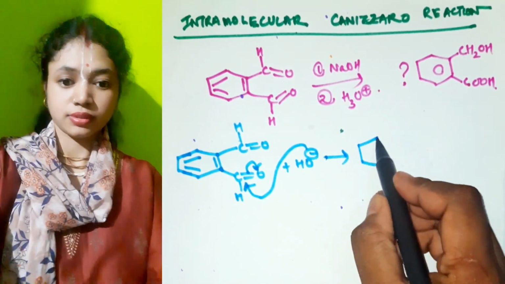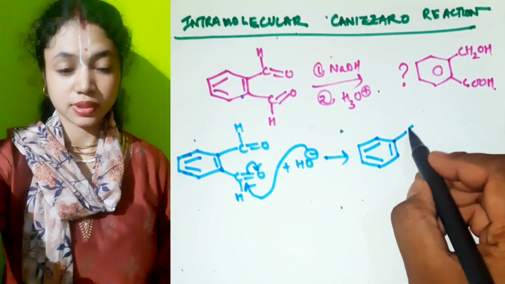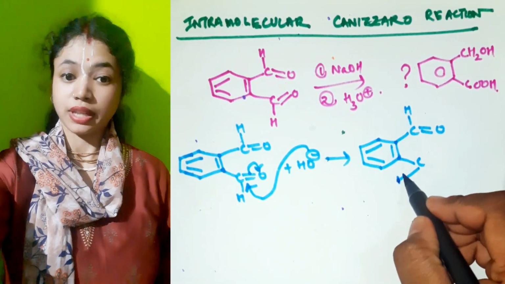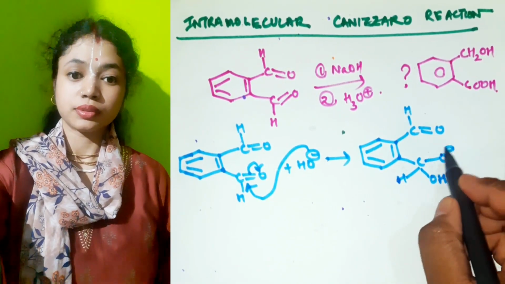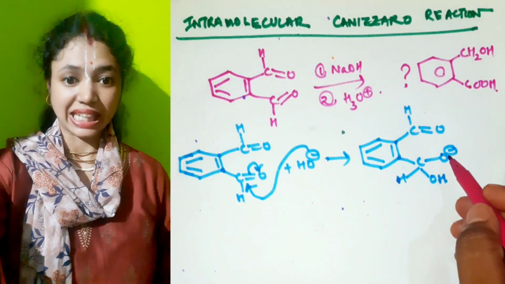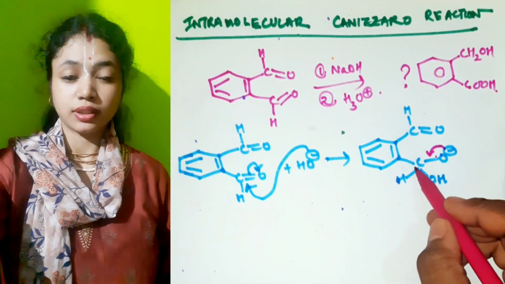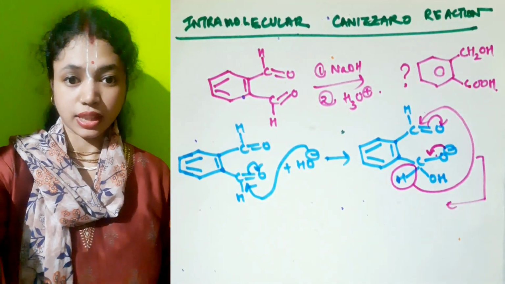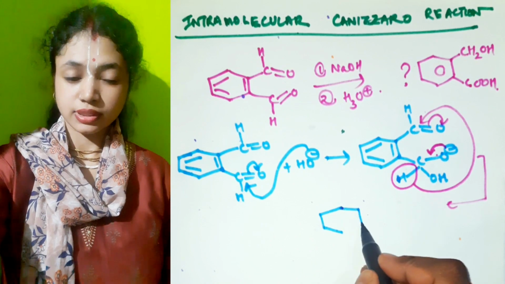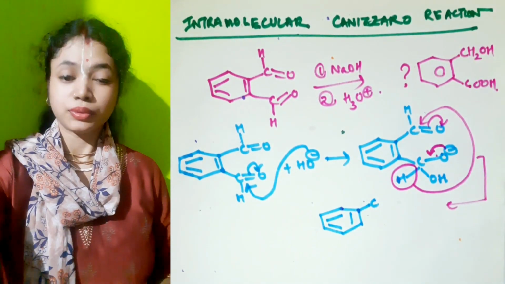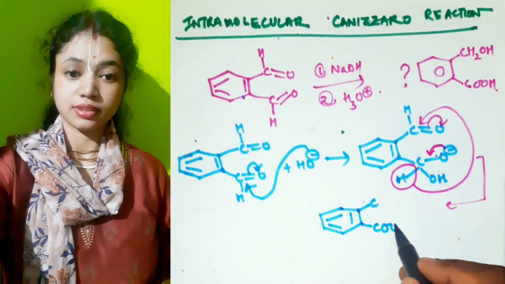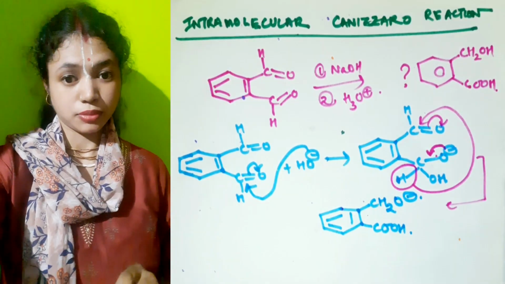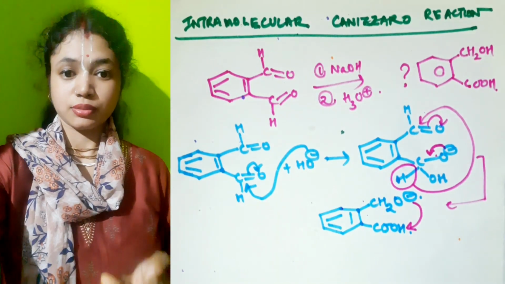See here, one carbon is attacked, and you write the molecule the same way. Now HO minus is added and O minus is present. Then a hydride shift will take place, and it will shift internally within the same molecule to the other aldehyde carbon. So the first one is forming COOH and the other one is forming CH2O minus.